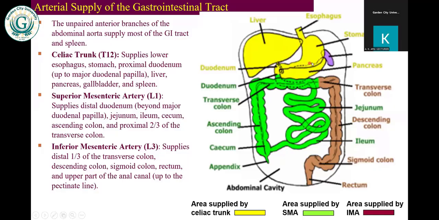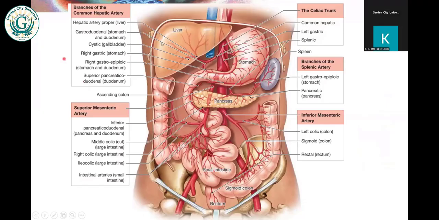Everything that is colored yellow here, including the spleen, the liver, the gallbladder, the esophagus, the stomach, the pancreas, then the first part of the duodenum up to the major duodenal papilla, all these structures are derived from the foregut. So the blood supply is coming from the celiac trunk. So this is the celiac trunk.